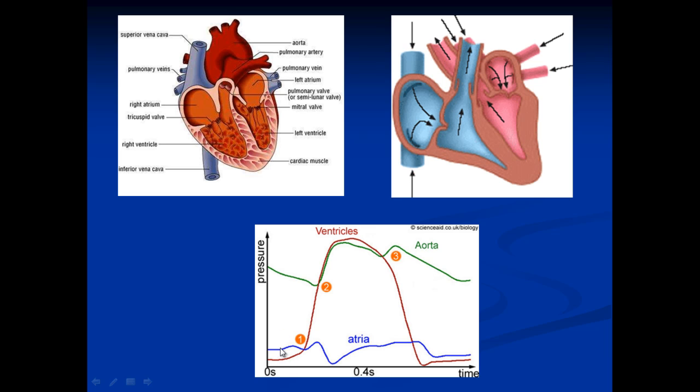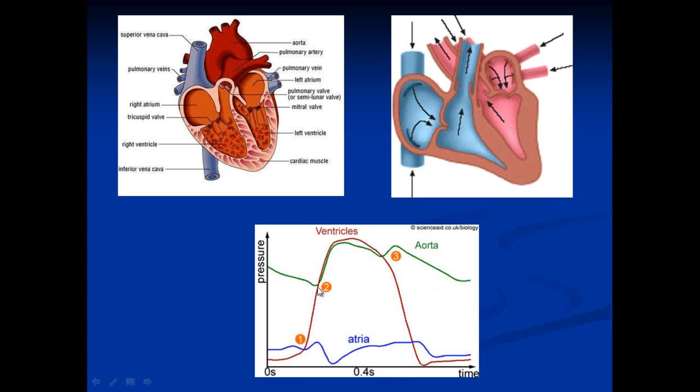When these lines cross over, the ventricular pressure becomes higher than the atrial pressure, and therefore these valves will shut. So at this point the pressure is higher in the ventricles than in the atria, and therefore that valve will shut.